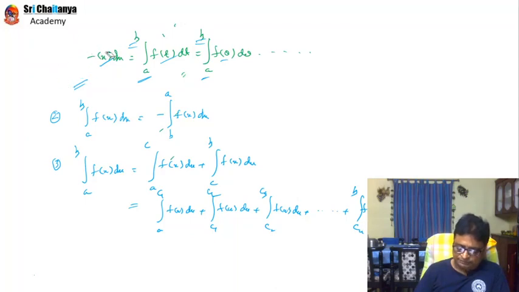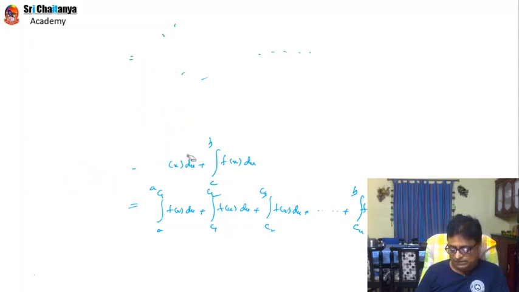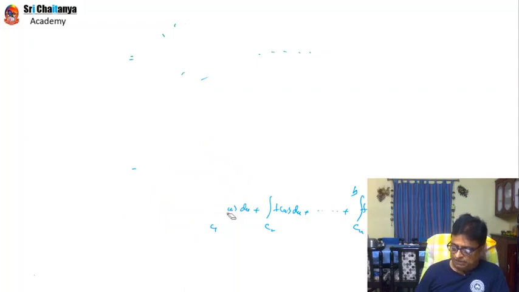After that, we derived some very good, important and useful properties. Of that, the first fundamental property is integration 0 to a f of x dx equal to integration 0 to a f of a minus x dx.